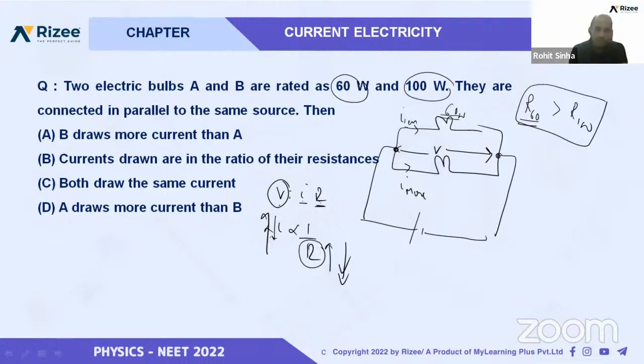We can write A and B: A is 60 watt and B is 100 watt. A will draw less current. So option D is wrong. B, the 100 watt bulb, will draw more current as compared to A. So the answer will be A only.